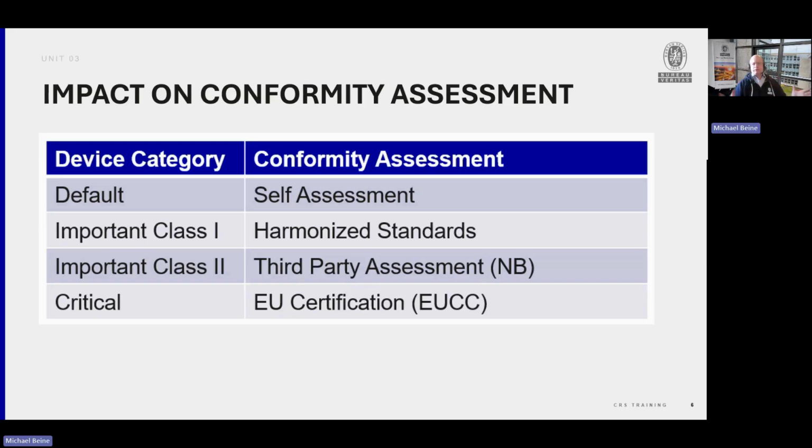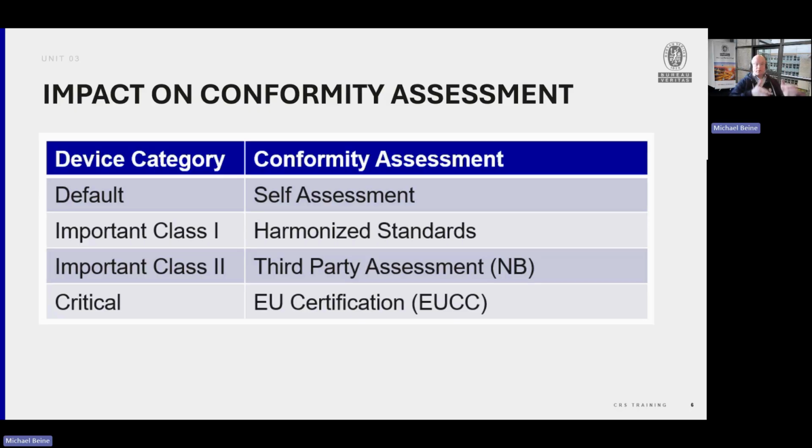There is no need to do a third-party assessment. The difference between both is in the default class, the self-assessment can pick any standard out there. There needs to be an explanation why it addresses the expectation of the CRA, and that explanation can be tricky depending on what standard you pick. But there's no need to explicitly use certain harmonized standards.